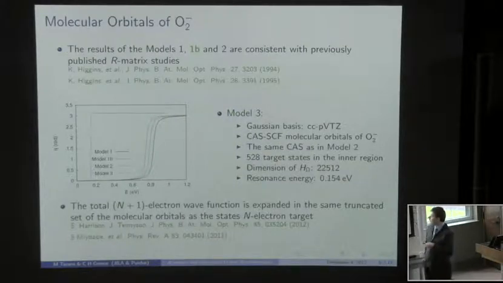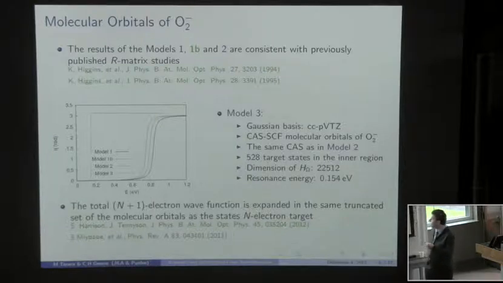So what I tried next was to use the anionic orbitals instead of the orbitals for the neutral, and although these results of these previously shown models were in good agreement, were consistent with previously published R matrix calculations.